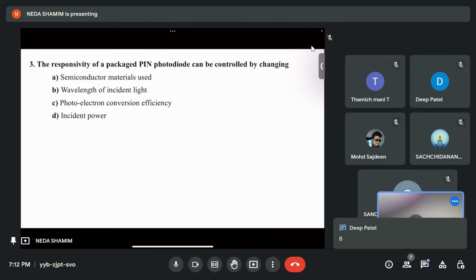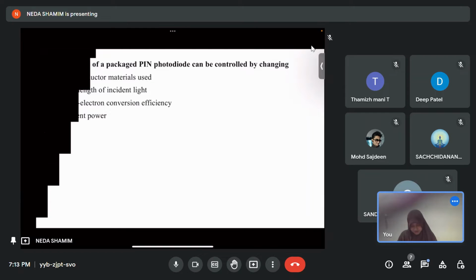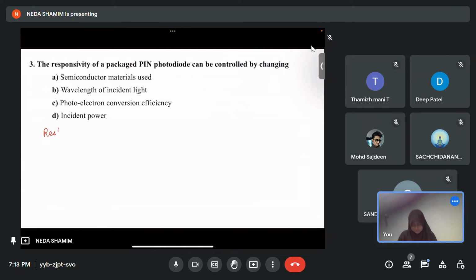Okay, anything else? Before moving on, I would like to ask you, what do you mean by responsivity? Basically, let me write it. Responsivity, is that the correct spelling?